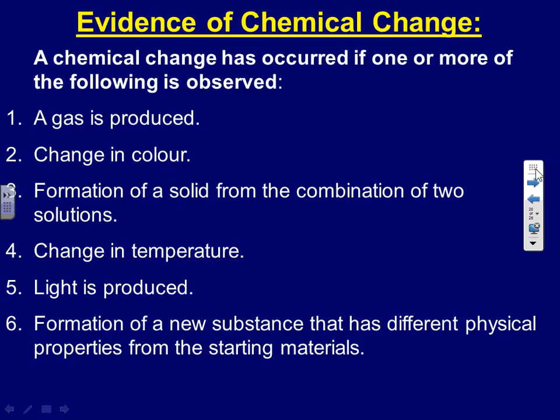Light is not always produced. If something is really hot, light can be produced. We can actually have light produced sometimes in a chemical reaction that doesn't get hot. If you've ever had one of those glow sticks, we all know the glow sticks, right? You break whatever's in there, give it a shake. There's a little capsule made of glass that contains one of the chemicals, and inside there's the other chemical.